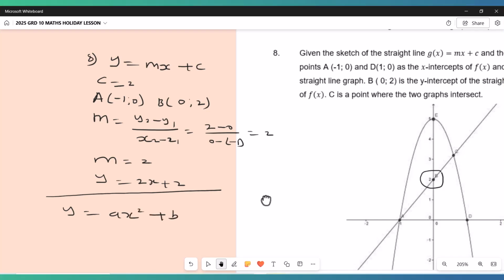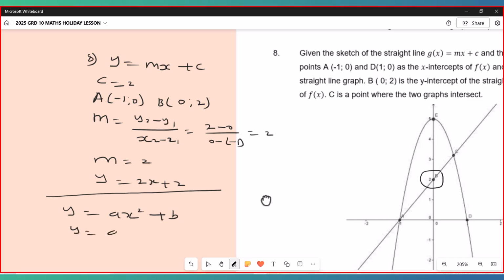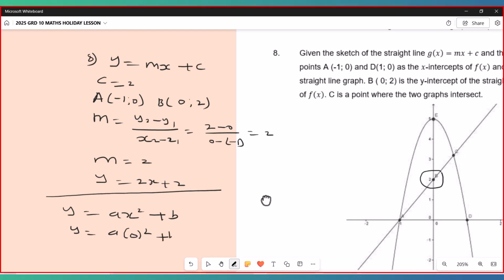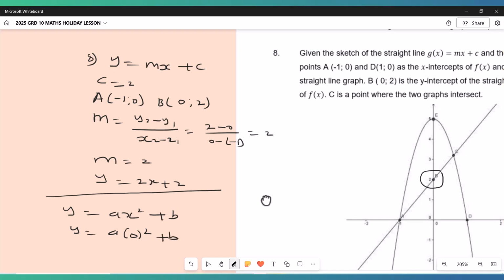Now at point E, our x is 0, isn't it? So we can say that our y at point E equals a times 0 squared plus b. I'm trying to get this b first. So what is my y at E?